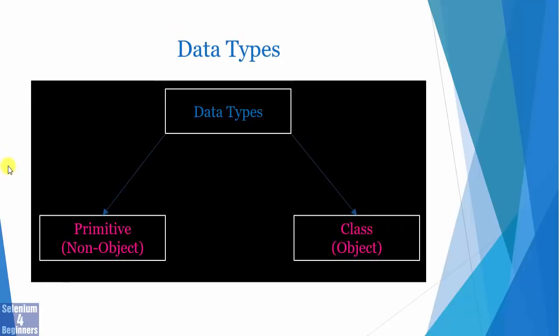Remember this slide from Building Blocks for Selenium? It showed two data types. Primitive, which has many names such as non-object, and class, which also has many names, but I prefer object. This slide shows class is a data type.